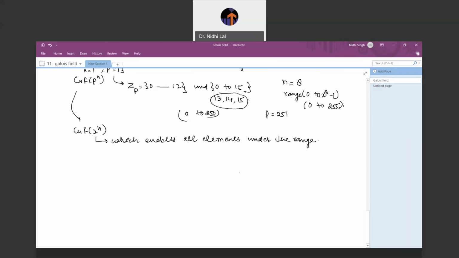So that's why in cryptography we have to use GF(2^n) instead of GF(p^n). The first version of the Galois field is the GF(p^n), and this is the updated one, the second one.